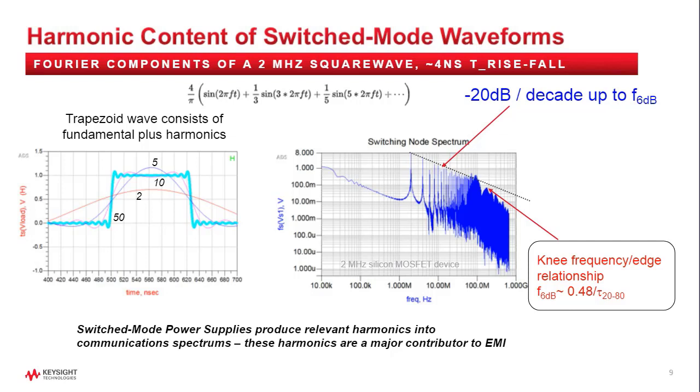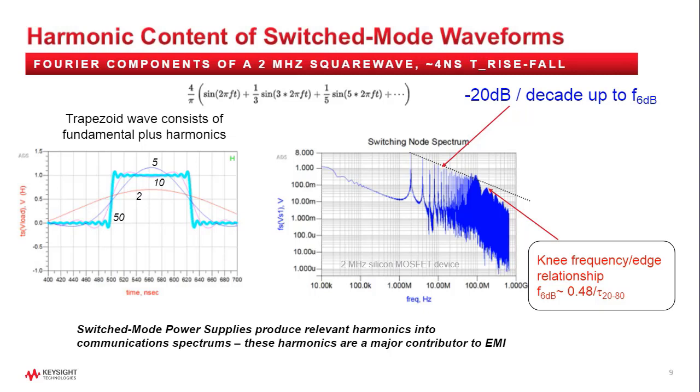And if you look at the waveform on the left, the red trace has 2, the blue trace has 5 harmonics, the purple trace 10, and then the cyan trace has 50 harmonics. And even with that many harmonics, it's not a perfect square wave, but that square wave with those 50 harmonics, or approximate, shows up on the right as this spectrum.